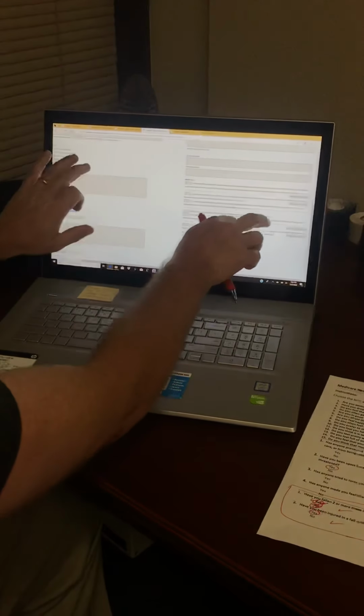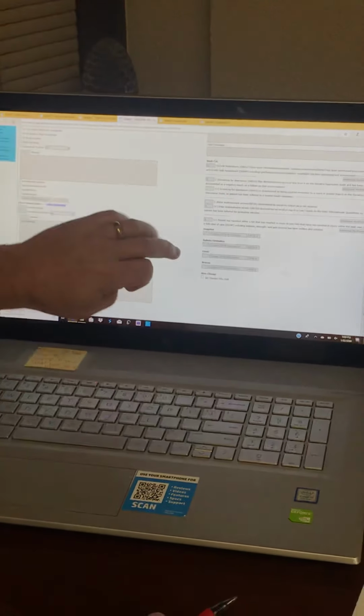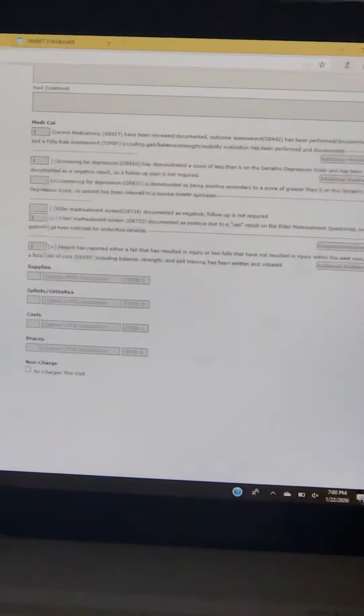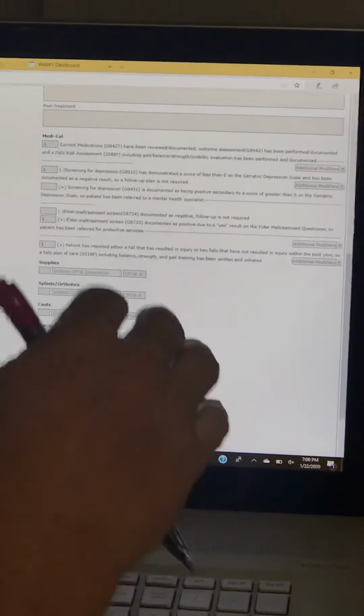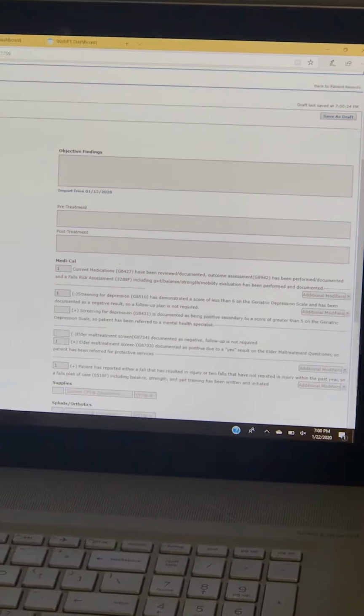So just to clarify, if Medicare came in and audited us and they said, okay, this person had a positive screen and needed a falls plan of care, where do you keep that? Then they would be directed to the objective tab, which we're already on, and that's your plan of care right there.